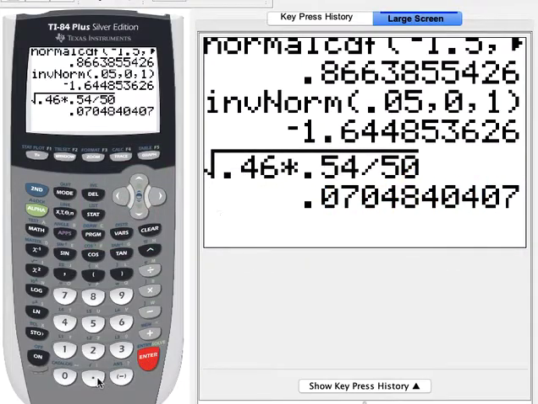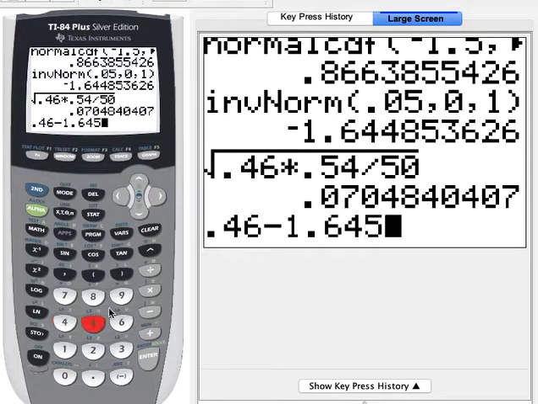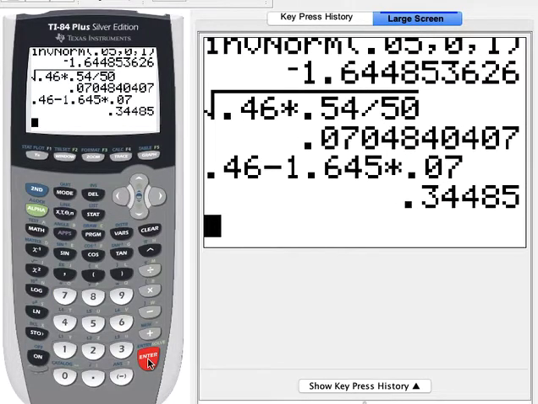So 0.46, I will subtract my critical value, 1.645, times the 0.07. Let's call that 0.345. So that will be the lower boundary.